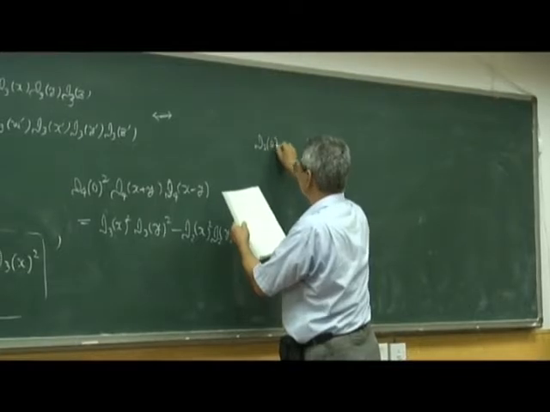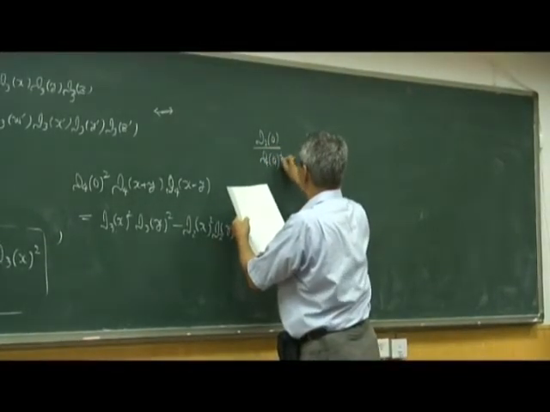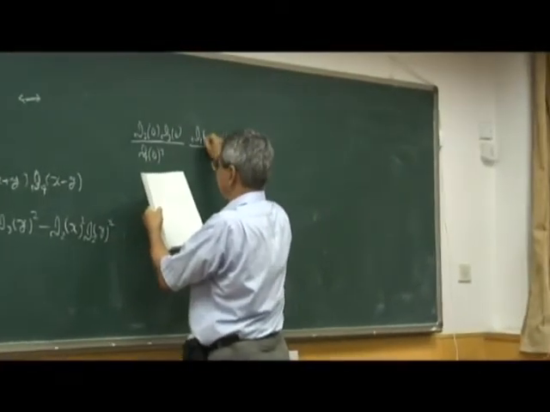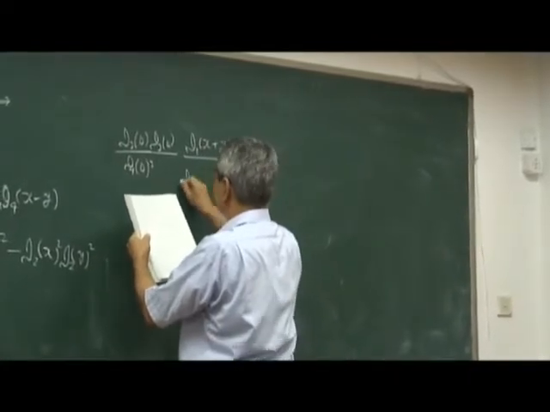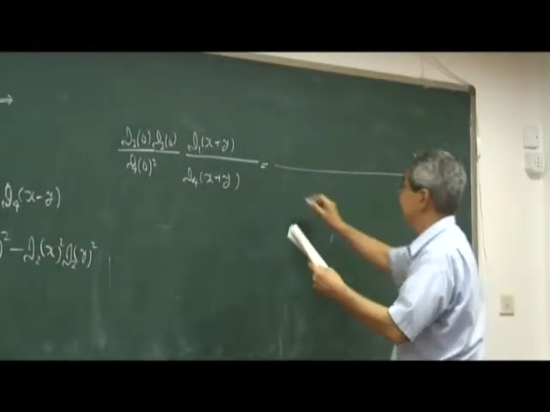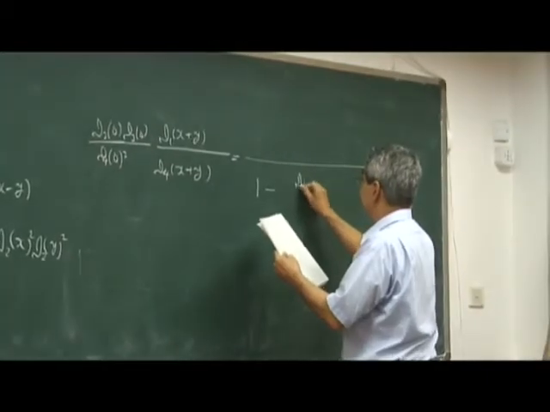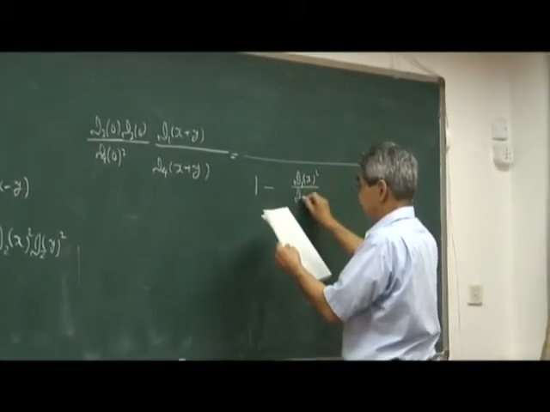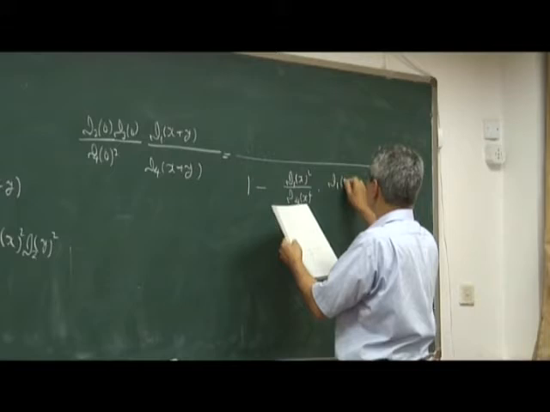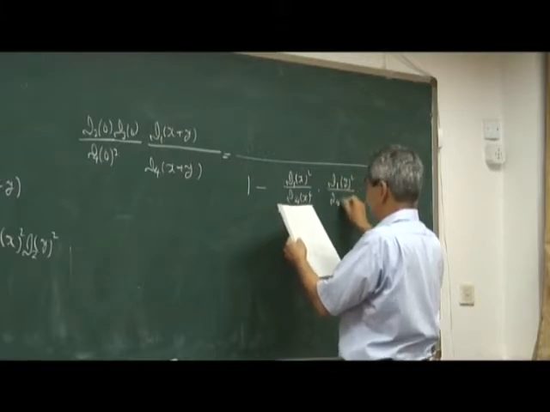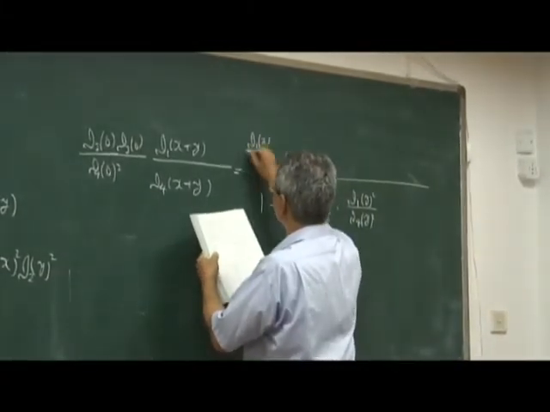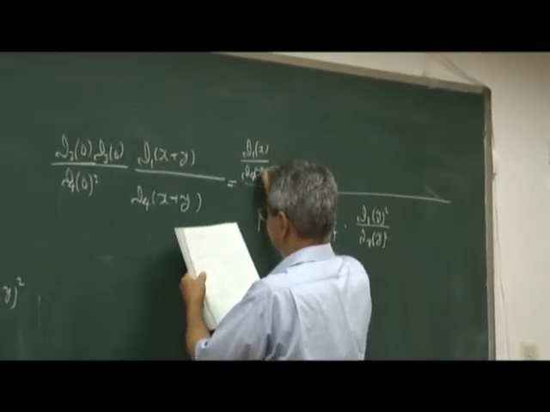Theta 2, 0, and theta 4 square, and so theta 3, 0, and then take theta 1, x plus y, and here theta 4 of x plus y. Then this can be written in the following way. 1 minus theta 1 x square, theta 4 x square, theta 1 y square, theta 4 y square, and here theta 1 x, theta 4 x.